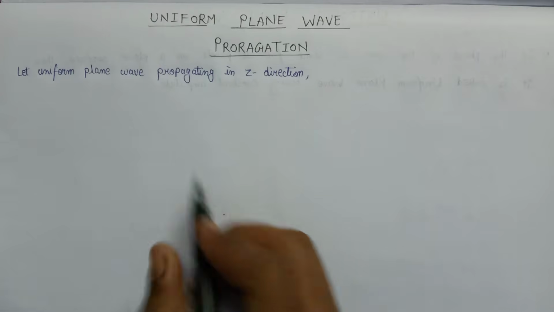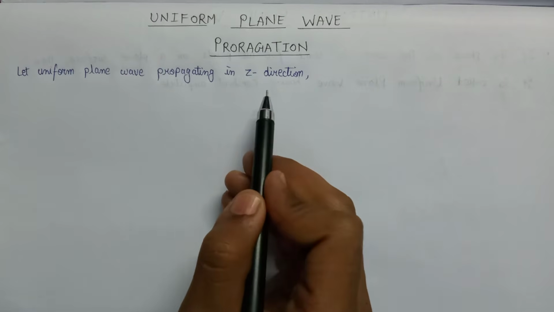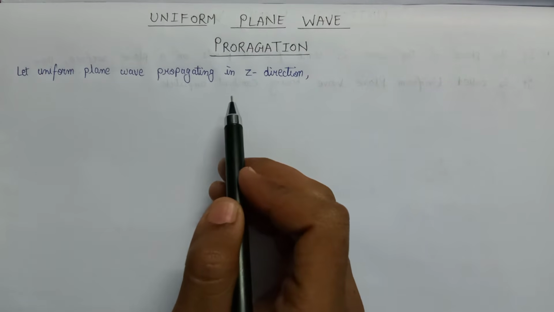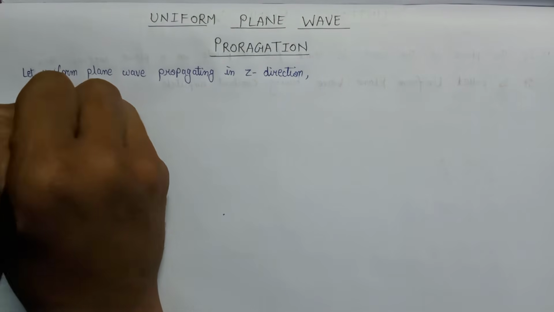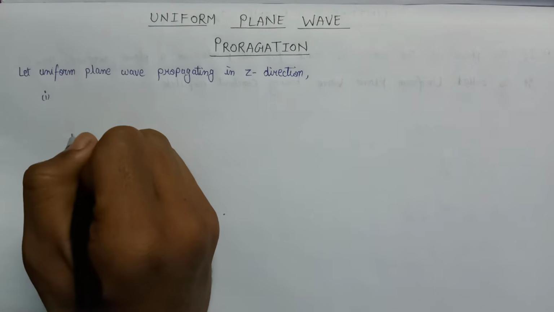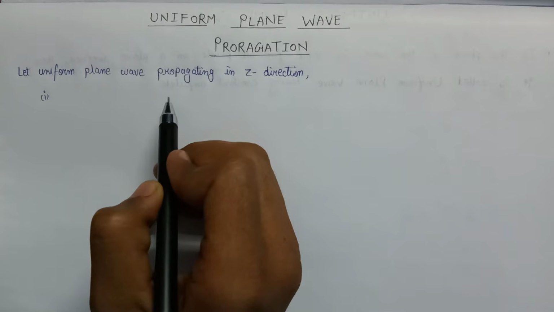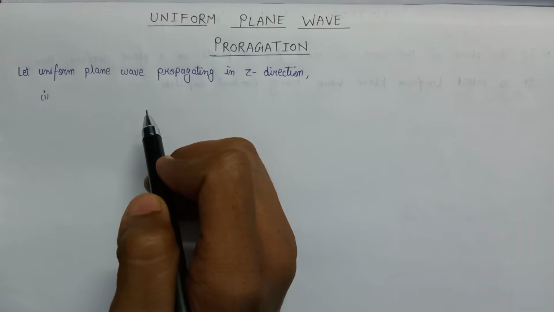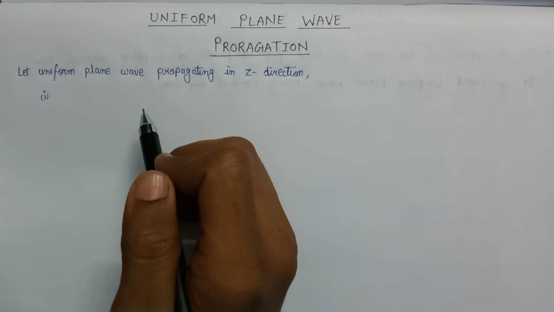So if the uniform plane wave is propagating in z direction, then there are two conditions associated with it. Talking about condition number 1, if it is propagating in positive z direction, then the x and the y component will be present, but there is no z component.